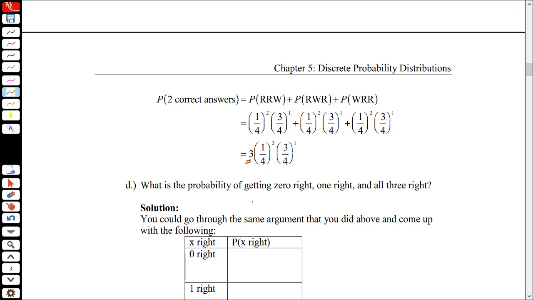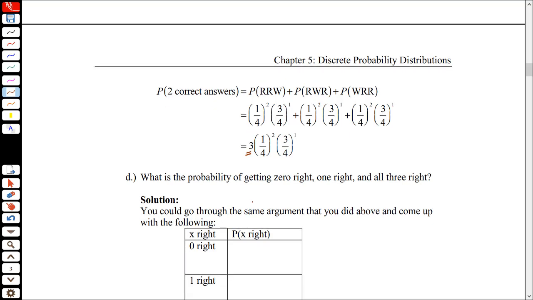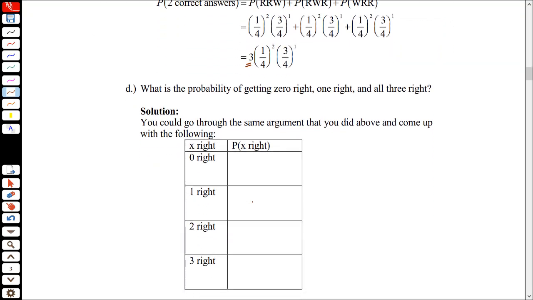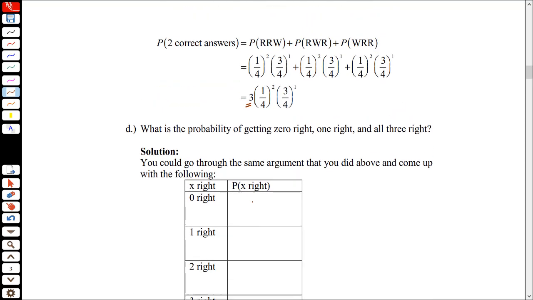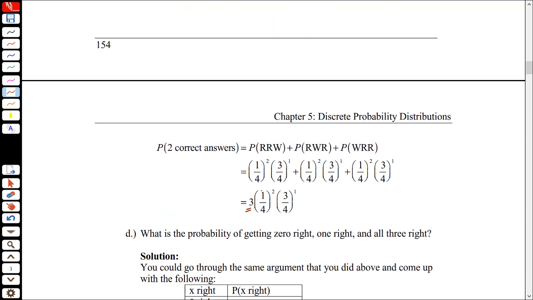So let's look at the probability of getting 0 right, 1 right, and all 3 right. Using the argument that we just created, what I can do is look at how many different ways I can achieve that event, and then I'm just looking at the probability of right to the power of how many of those I have, and the probability of wrong to the power of how many of those I have.